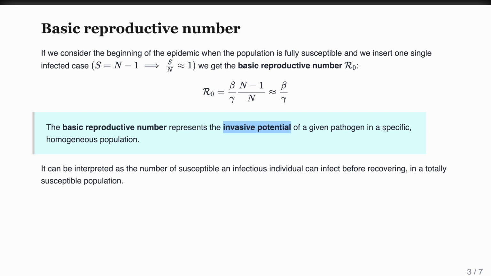It's very important to stress the fact about the specific population, because the same pathogen can have really different R0 values based on the population. For example, the same pathogen can have a different R0 value in a preschool children class, in which there are a lot of contacts, than in an office, or in a city.